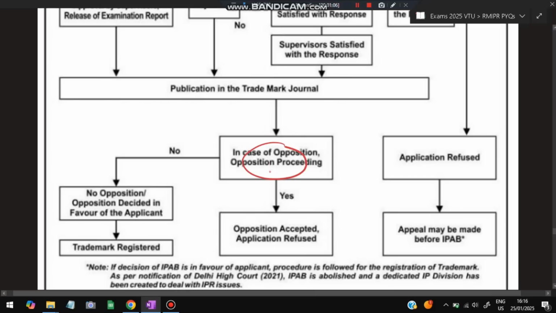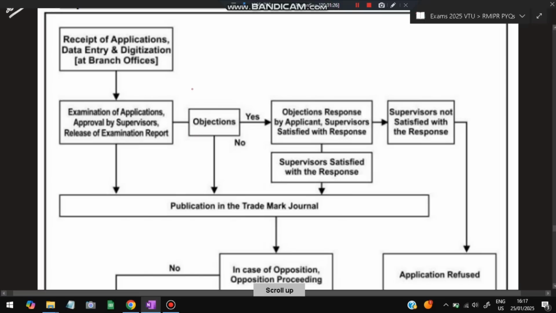If there is any objection and that objection is right and the applicant's trademark is wrong, in that case opposition is accepted and the application is refused. If it's the reverse case, with no opposition or the opposition decided in favor of the applicant, then the trademark will be registered.